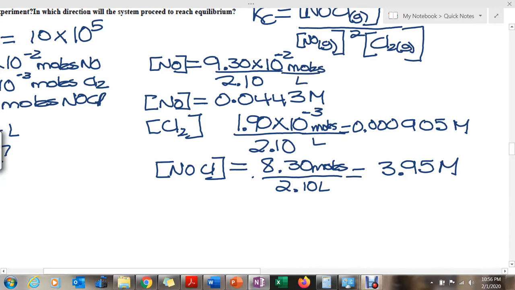When they give you the initial concentration, or you are calculating it, you put a little zero outside the bracket, which represents the initial.